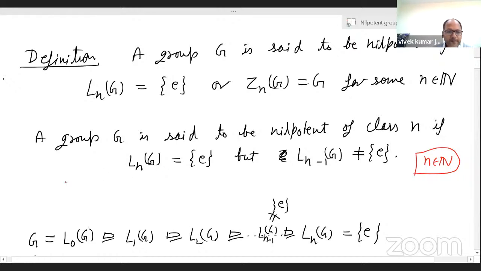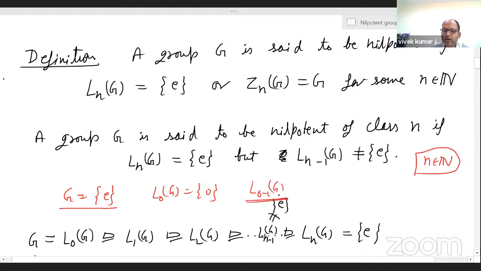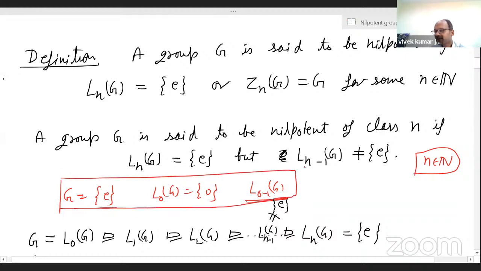But if the group is the trivial group, the group of order 1, then L0G is trivial, but you cannot have L0-1. So this group does not fit in this definition, but by convention we take the nilpotency class of this group to be 0.